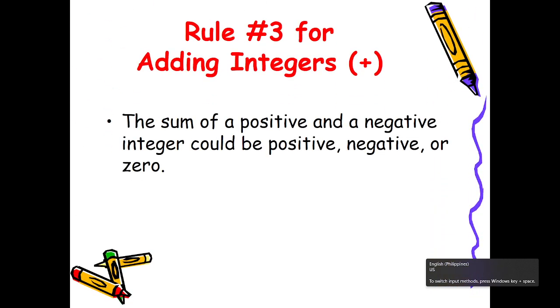Then the next rule, which is rule number 3, is that when we add a positive and a negative integer, the result can be of these three cases. It can be a positive number, it can also be a negative number, and it can also be a zero. So when does it give us a positive answer, a positive sum?